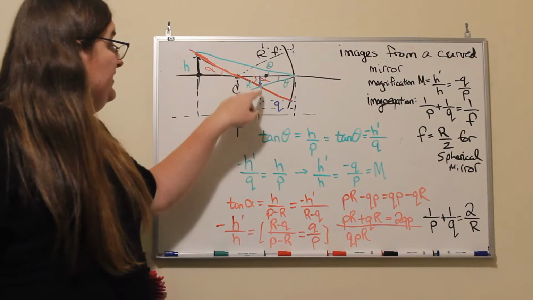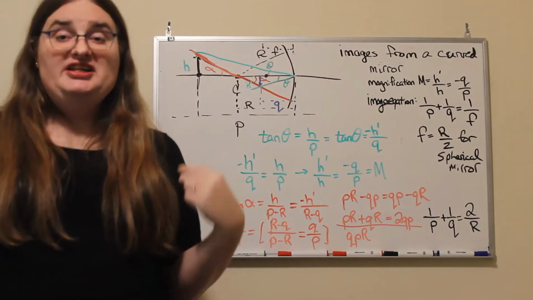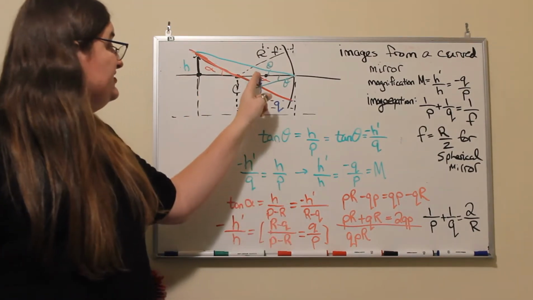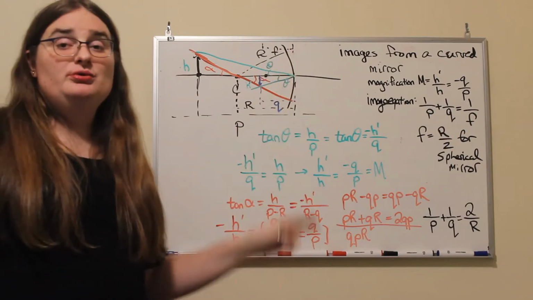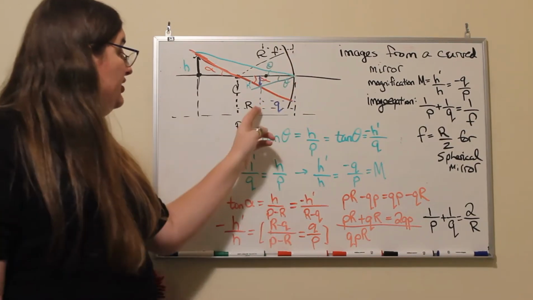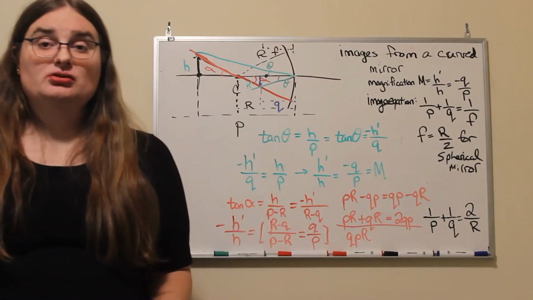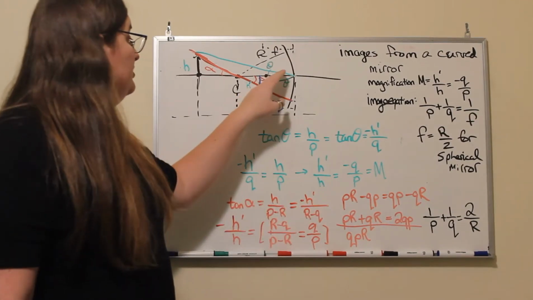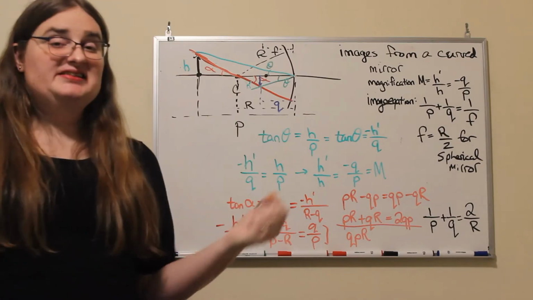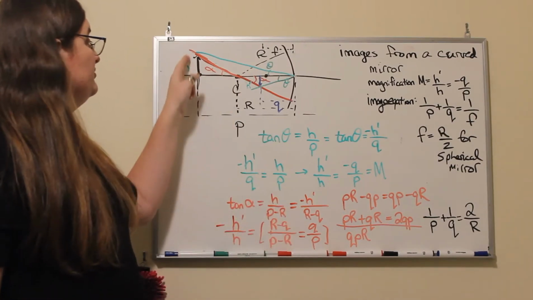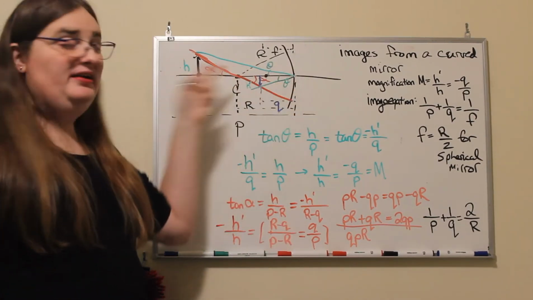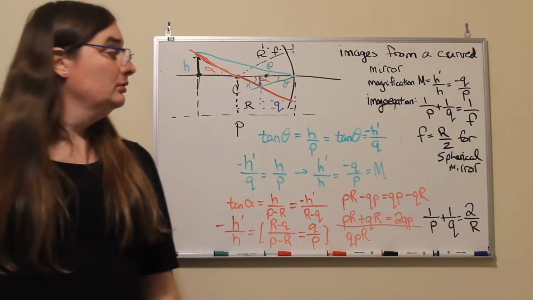Now, the height of that image we're going to call h prime, and the distance from that image to the plane of the mirror is going to be called q, our image distance. Well, if I take a look, this angle theta has a tangent that's equal to the height of my object divided by my object distance p.